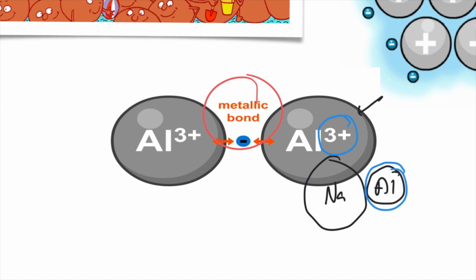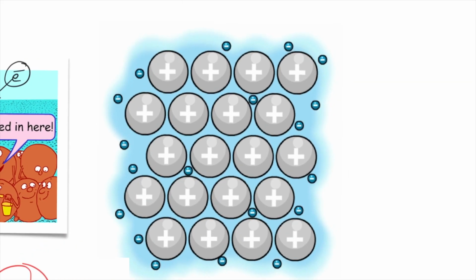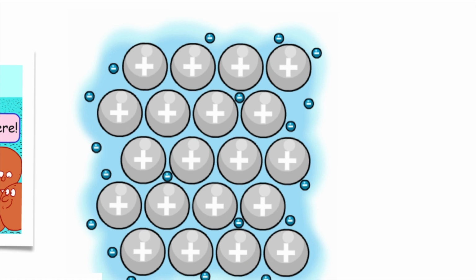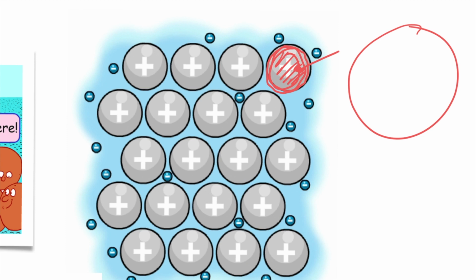And the second is that aluminium is a small cation. Being a small cation means the density of the positive charge is highly focused on the cation, unlike sodium, where the positive charge is just 1 plus and is distributed over a larger cation.